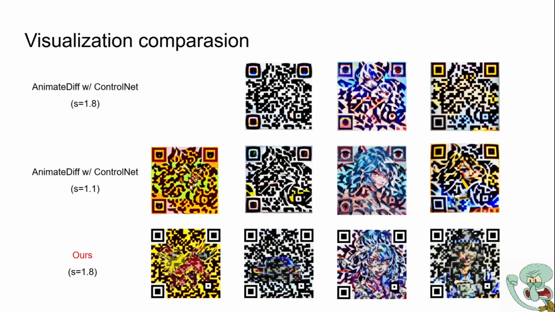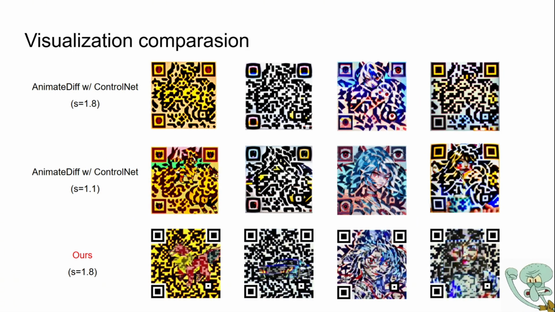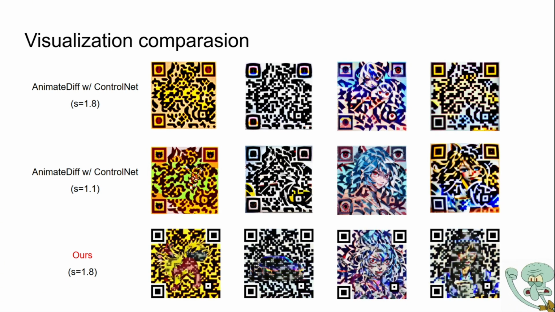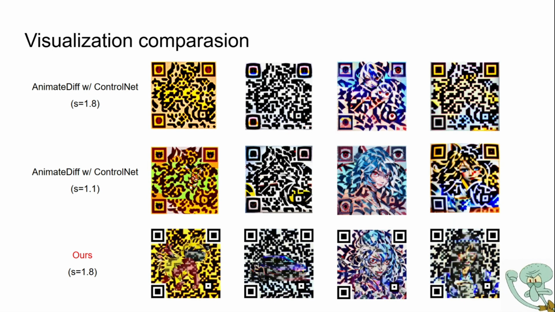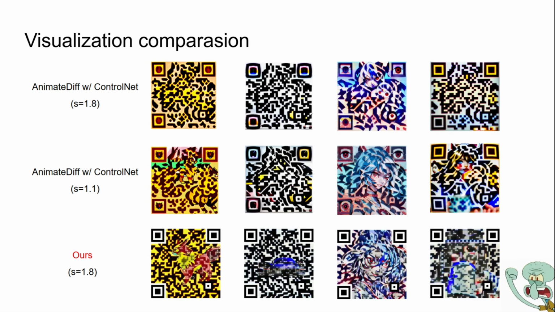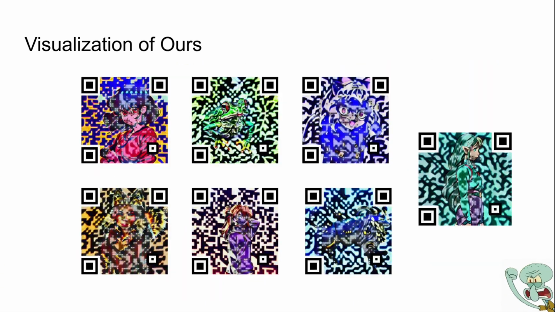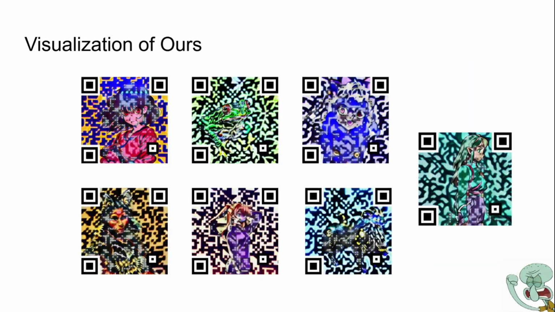Here are some visualization comparisons between results under different ControlNet strengths and different methods. We can see that the motion and appearance of QR codes generated by our approach have significant improvement compared to AnimateDiff with ControlNet. These are more results generated by our method.